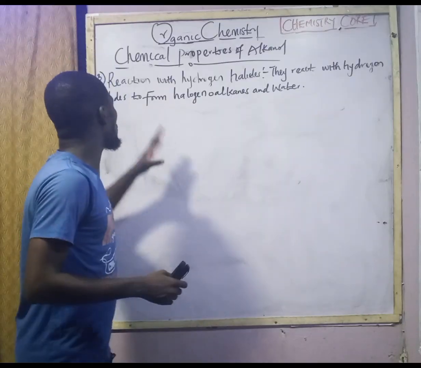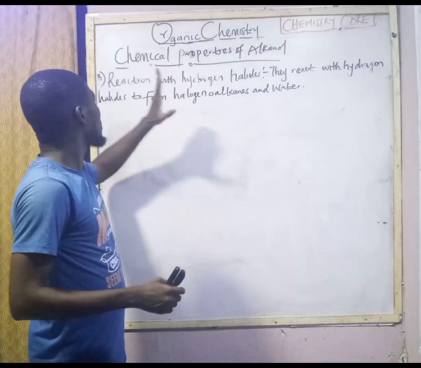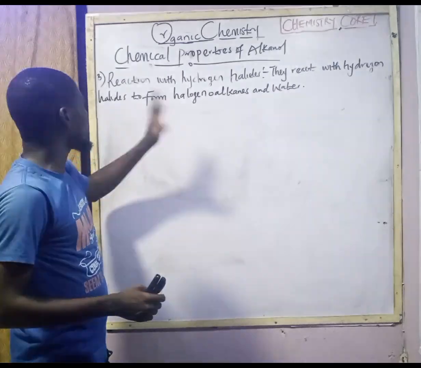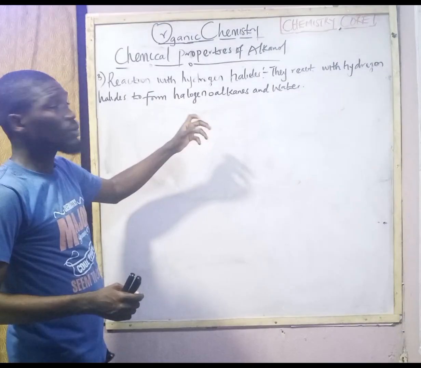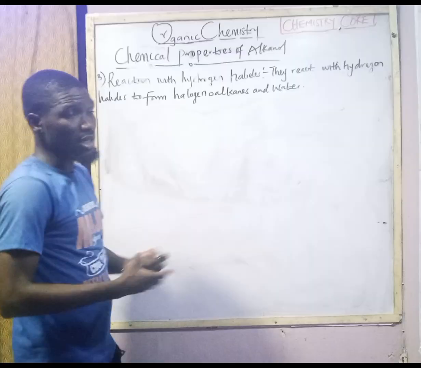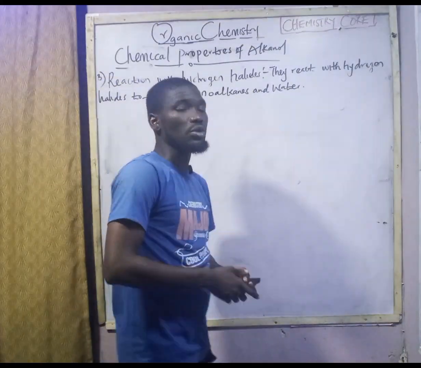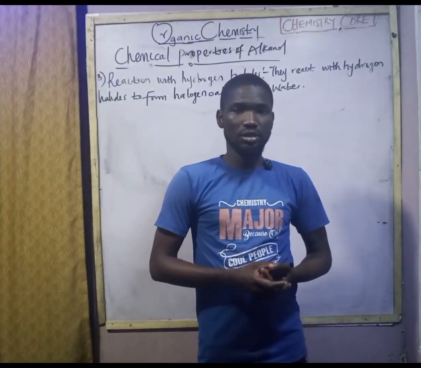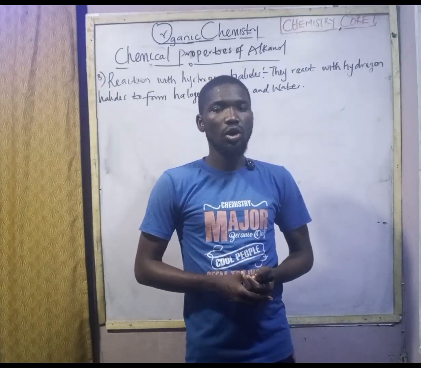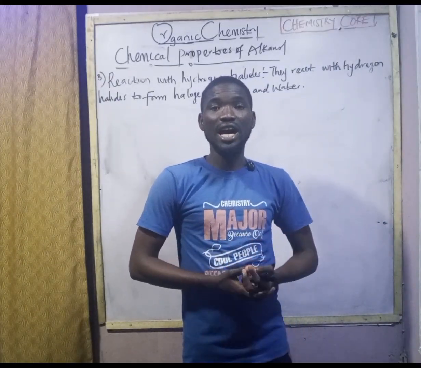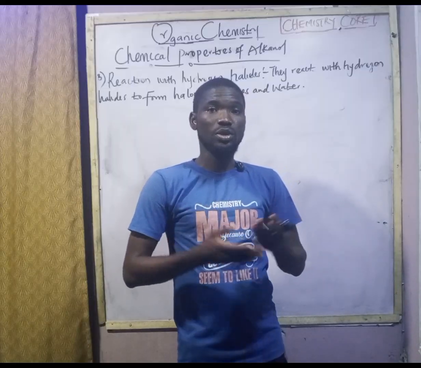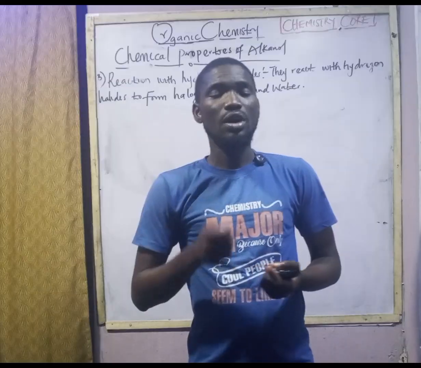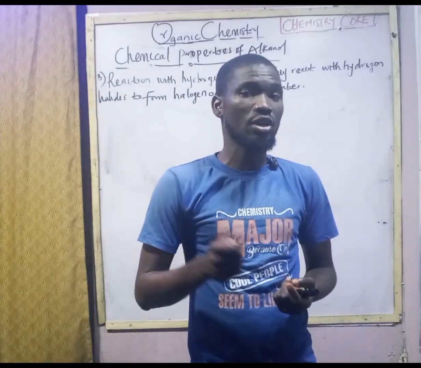So guys, back to the third one, reaction with hydrogen halides. They react with hydrogen halides to form halogenoalkanes and water. But this reaction is carried out either by passing the dry hydrogen halide gas into the alcohol, or by heating the alcohol, alkanol, with concentrated aqueous acid.